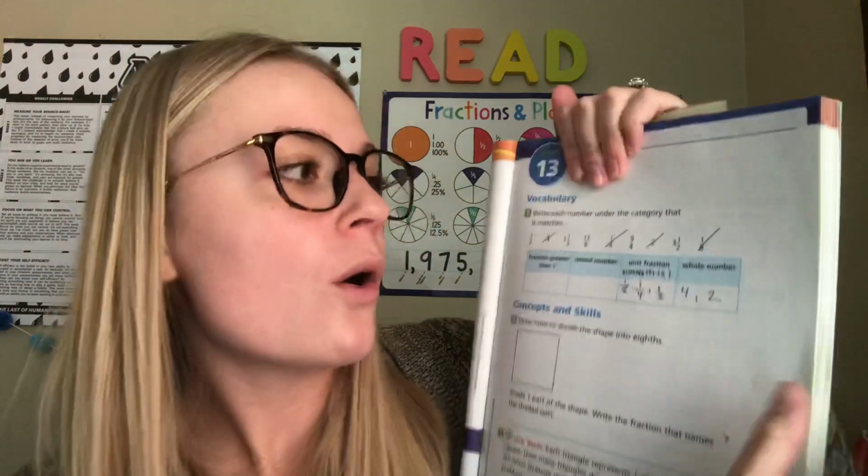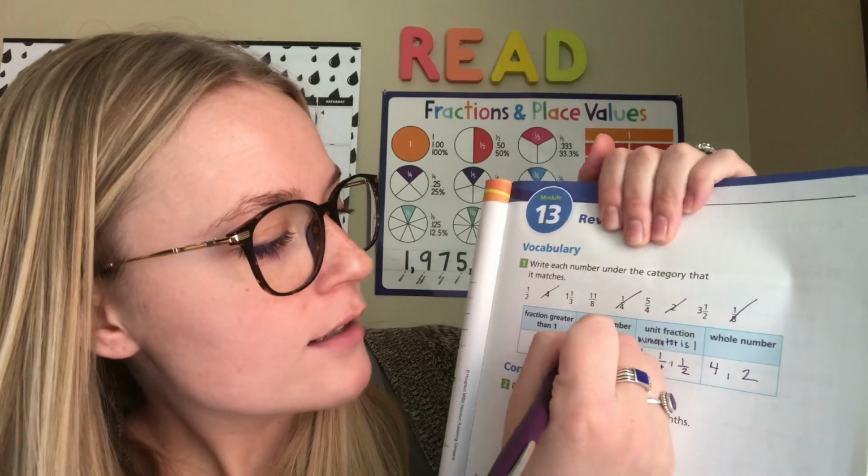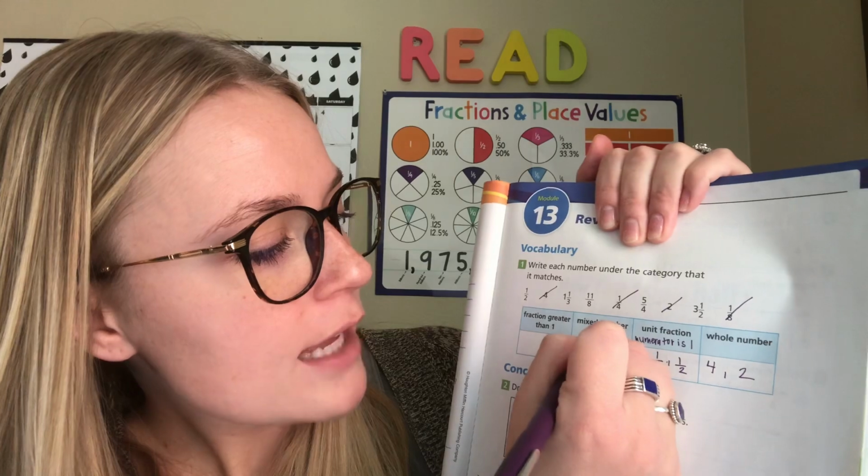Okay, the next one is asking for mixed numbers. So mixed numbers are numbers that have a whole number and a fraction with it. So like 5 and 7/8 or 2 1/2. So I'm going to look through. I'm looking for a whole number with a fraction. There's 3 1/2 right there. So I'm going to write 3 1/2.